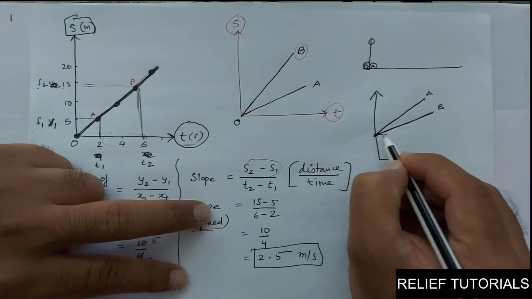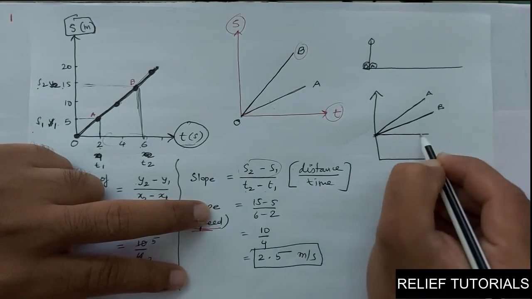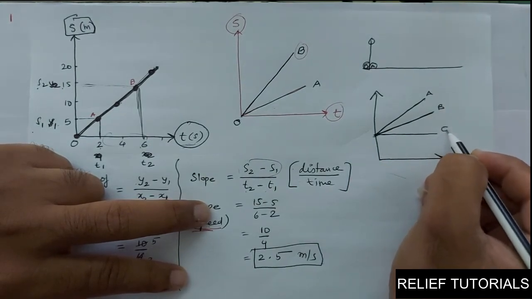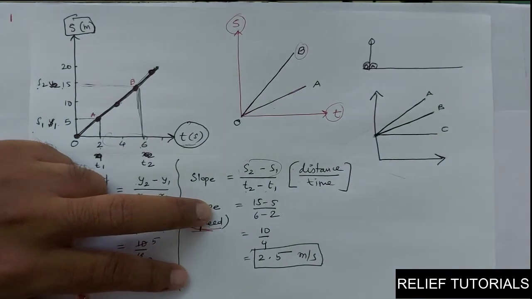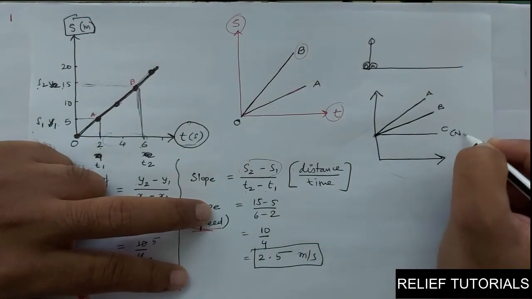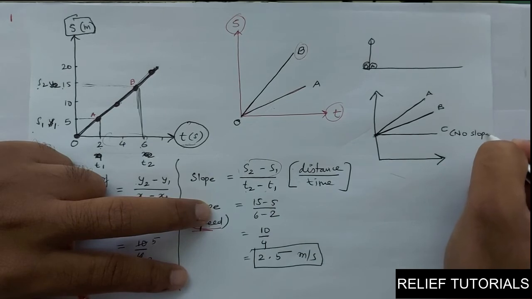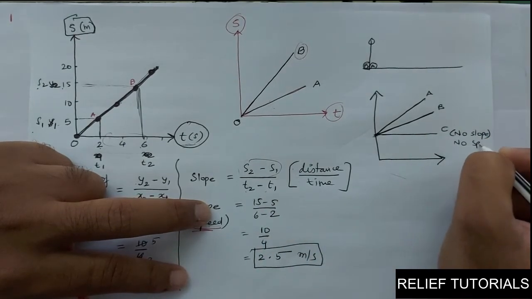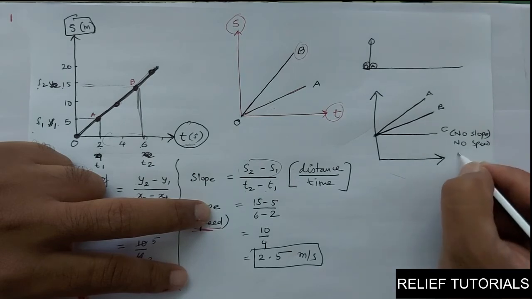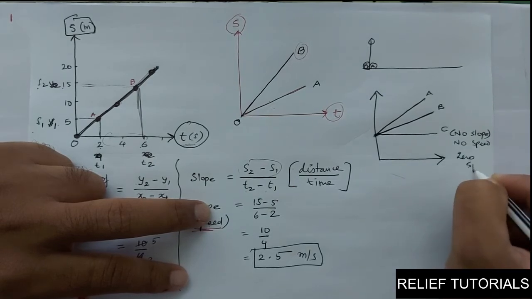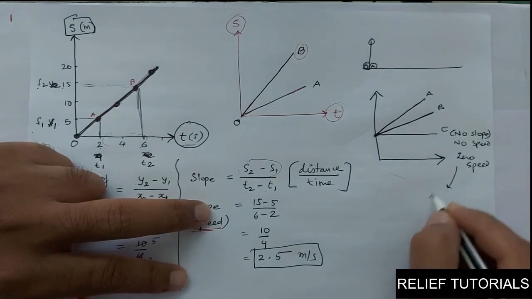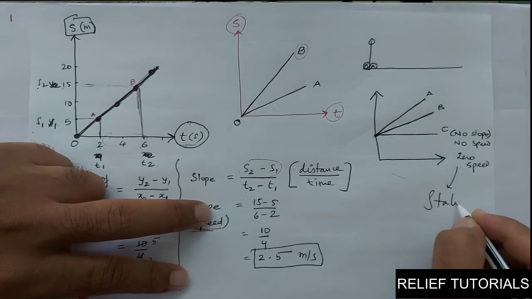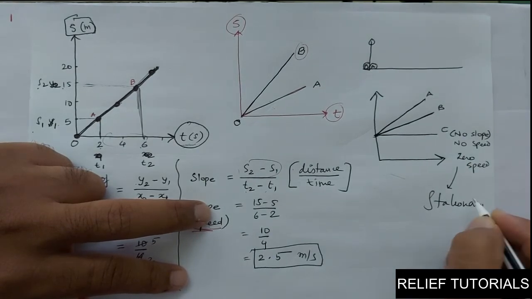What do you say about this graph? It is exactly horizontal. Exactly horizontal means no slope, and no slope means no speed. No speed means zero speed, and zero speed means the particle is stationary.